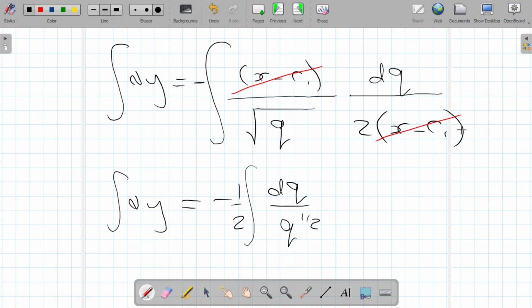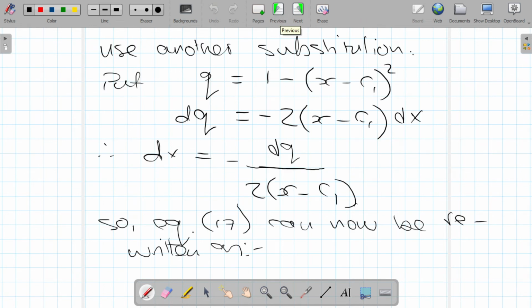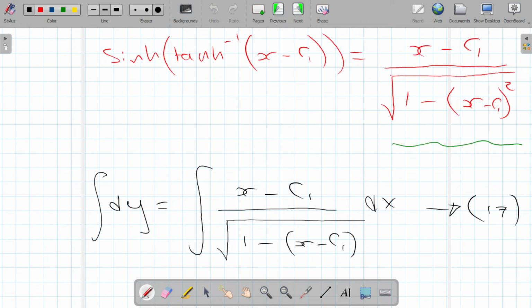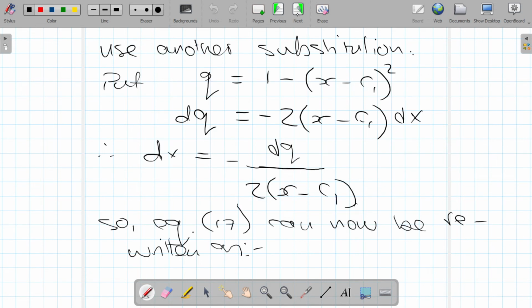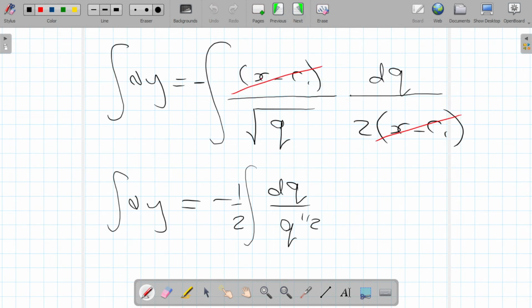So everything there where we've cancelled out the x minus c1 reduces to this equation here, and we'll give that an A. So that was 17. We could call this 18, 19, 20. So we'll call this equation 21.